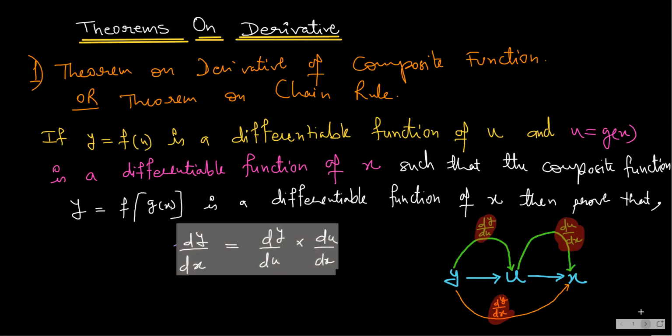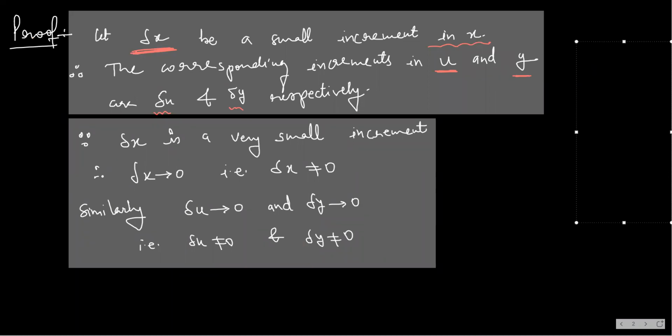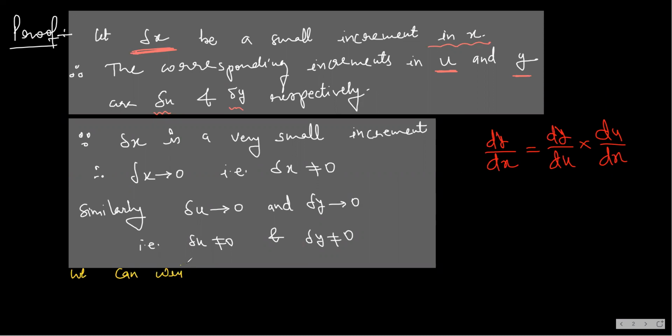Let me write here once again what they want us to prove: that dy by dx is equal to dy by du into du by dx. You know, students, what I will write? Let me first write and then I'll explain.